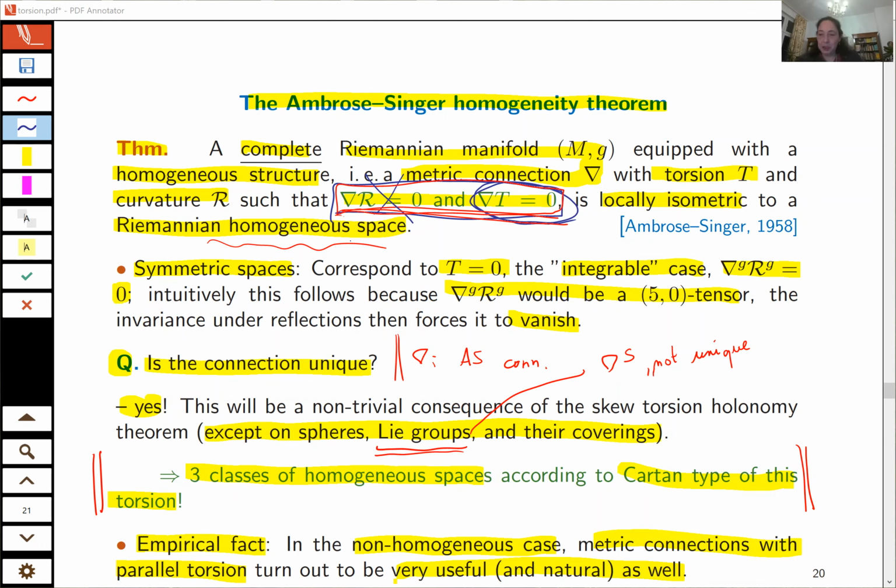This is a subtle point: where you have different groups acting transitively on the same manifold, you will get different connections because they correspond to different groups, and the connection will be invariant under this action.